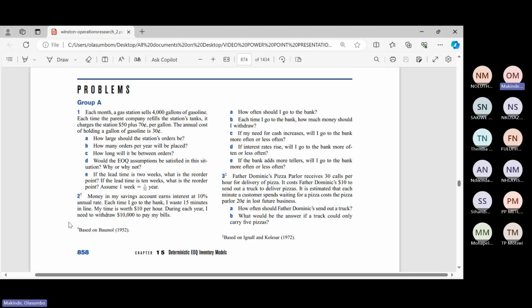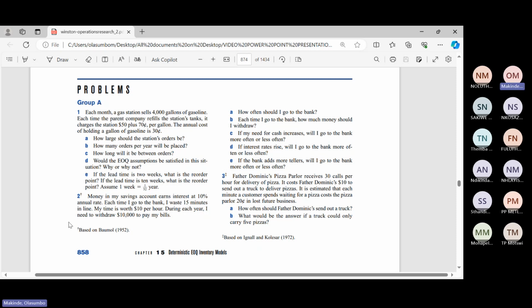Look at that scenario where they said the money in my savings account earns an interest at $10 annual rate.